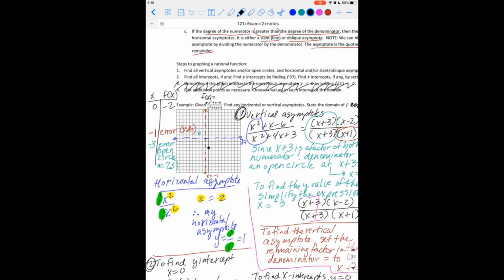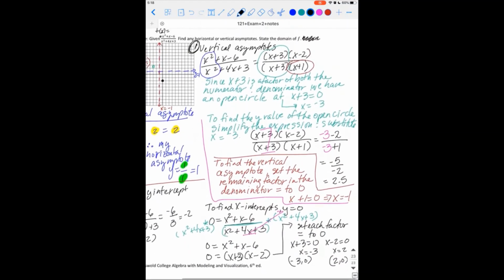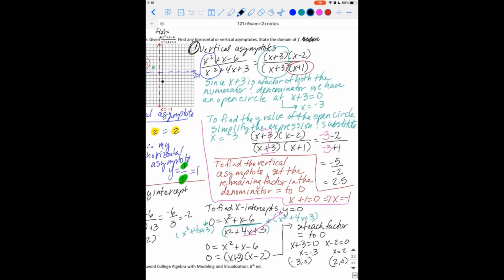If we notice, at negative 3, we already have an open circle. So unfortunately, all the work that we did here for this one was a little bit meaningless because it doesn't count. We have an open circle.